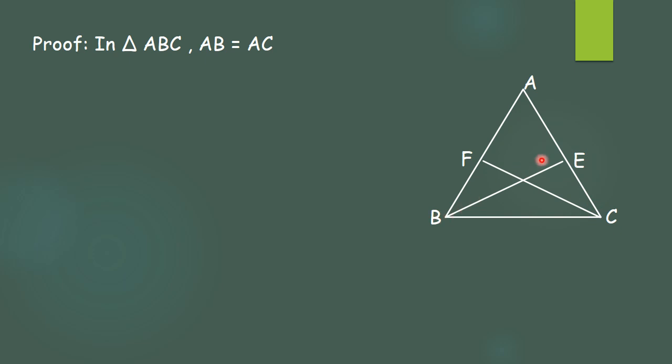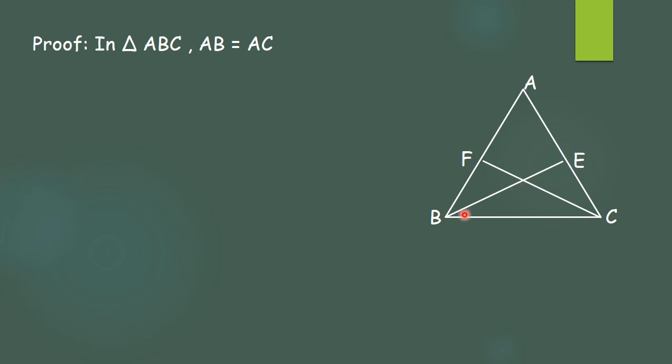If you prove either pair congruent, then we can say BE is equal to CF. For congruency, we can select any two triangles. I have selected triangle ABE and ACF, because AB is equal to AC, given, so I can use it directly.